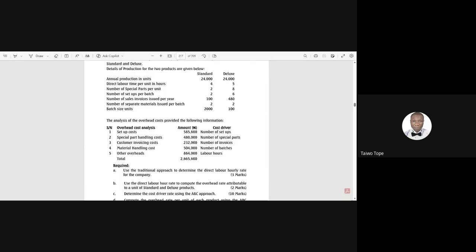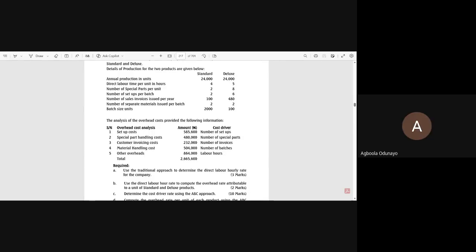If you are producing 24,000 units of standard, and to produce 1 unit you need 4 hours, what will be the total hours? 96,000, that is 4 multiplied by 24,000. For the loss, you use 5 hours per unit for 24,000 units.